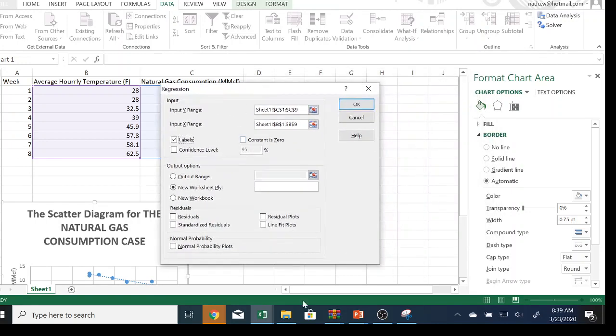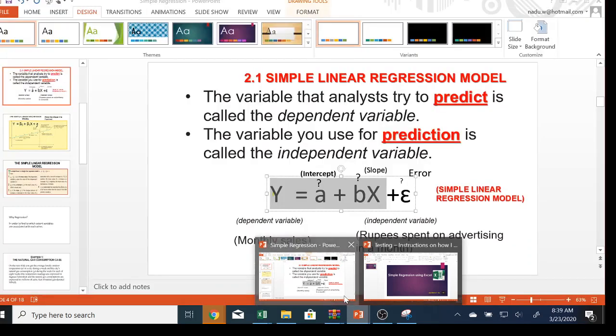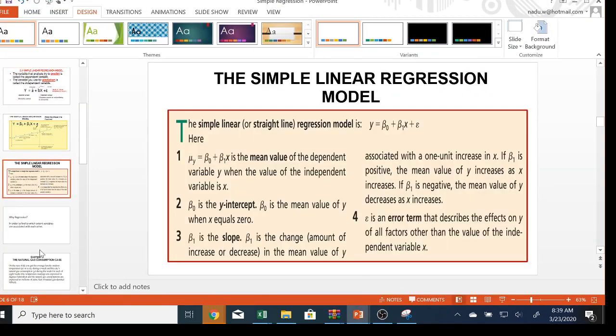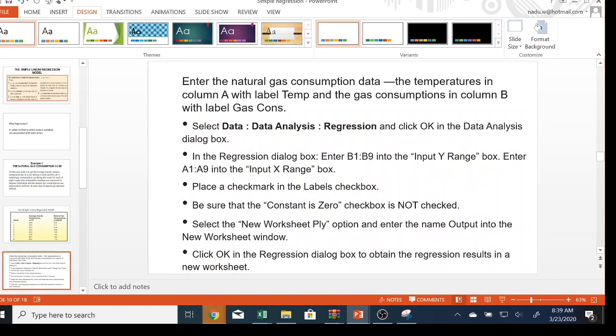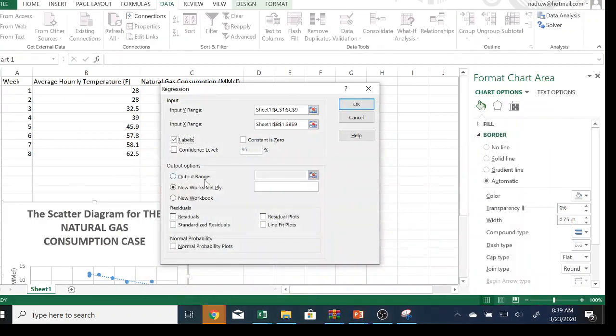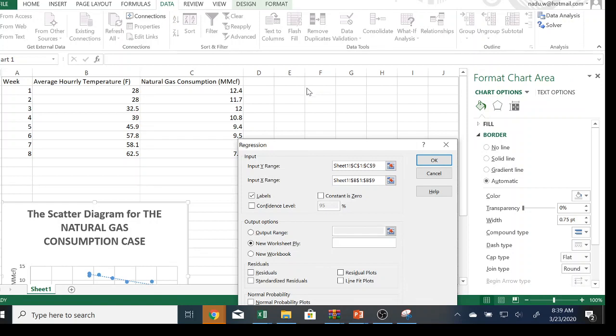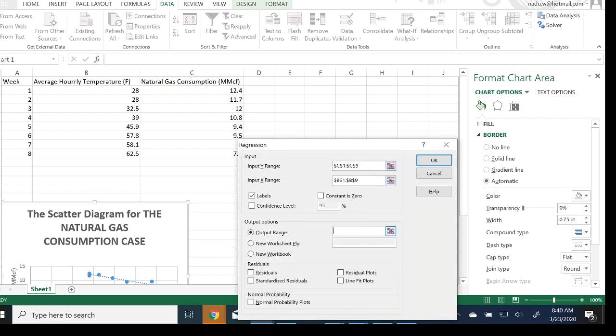Constant: you are not going to take this off. Here I'm going to take the output range.